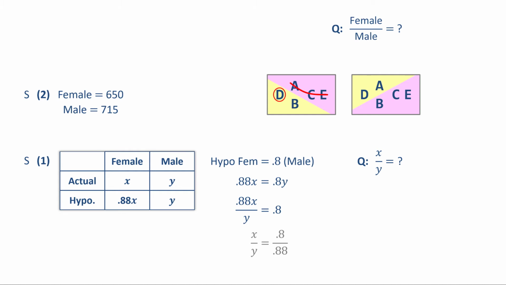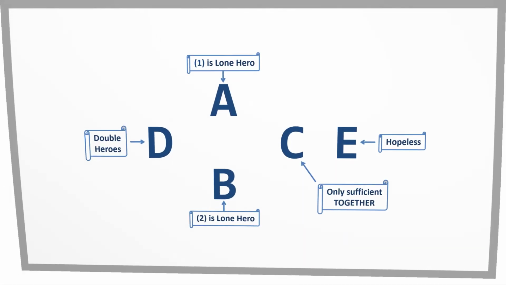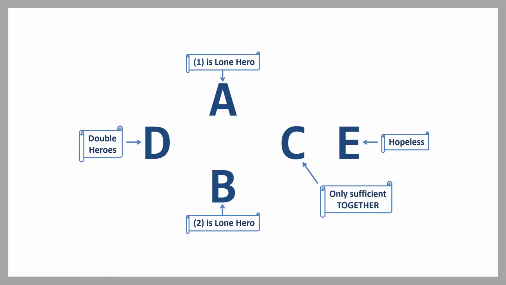To understand why this happens, let's take a closer look at the DABC grid. The reason for these shifting alliances is that A and B disagree on which statement is the lone hero.